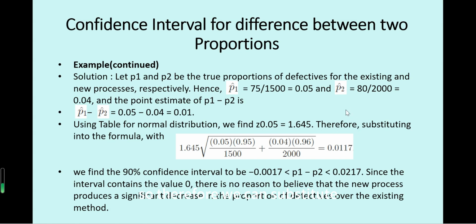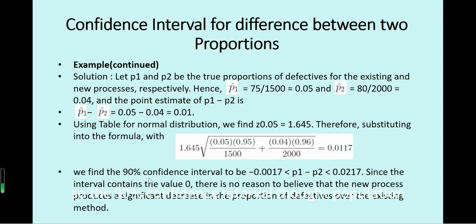Therefore, we can substitute this information into the formula. We get Z half alpha times the square root of the sample variance equals 0.0117.